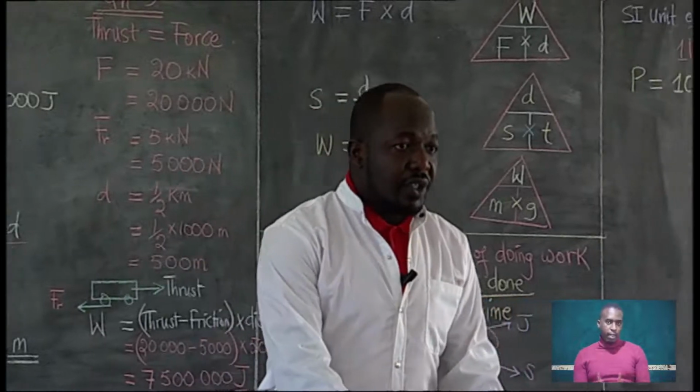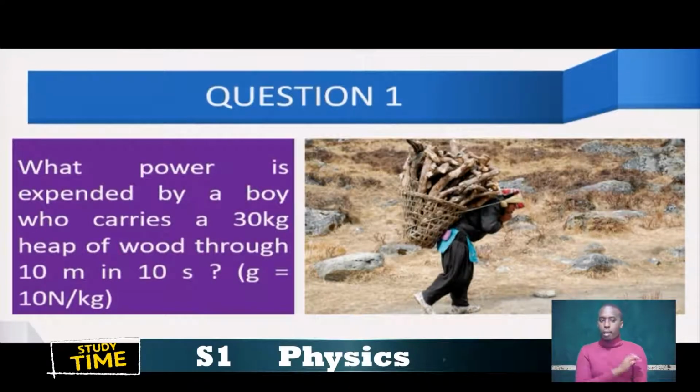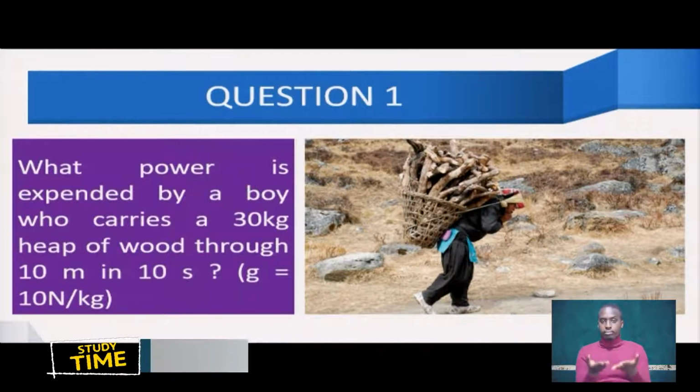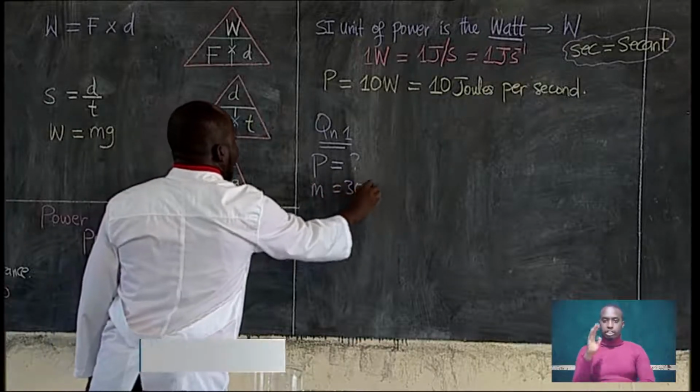And so, question number 1 there is telling us, what power is expended? Now, to expend means to give out. So what power is expended is given out. This is under power. So they want us to get power. By a boy who carries a 30 kilograms heap of wood. So mass is 30 kilograms.